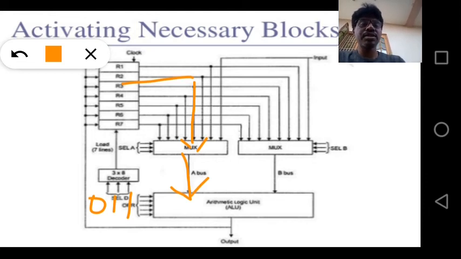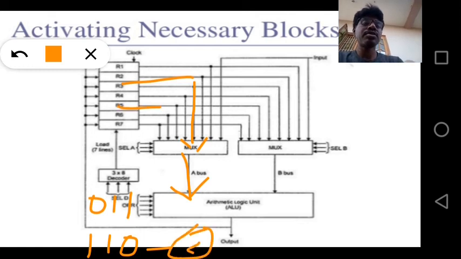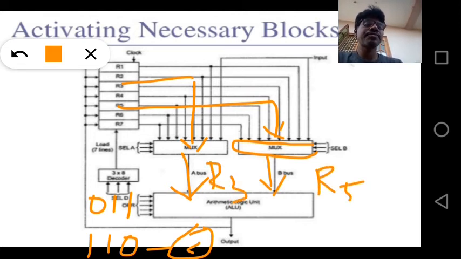Next time if you send 1, 0, 1, meaning 5, register 5 will be sent as the output. So R3, R5 can be selected out of these 8.